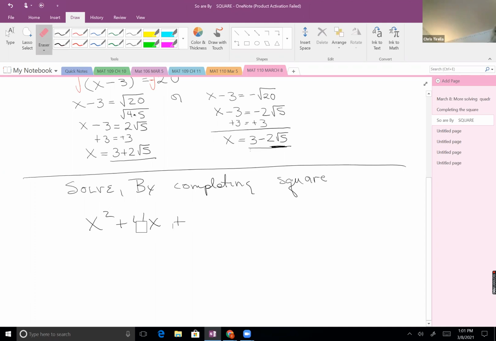I'm going to change it up a little bit. Let's make that x squared plus 8x plus 1 equals 0.